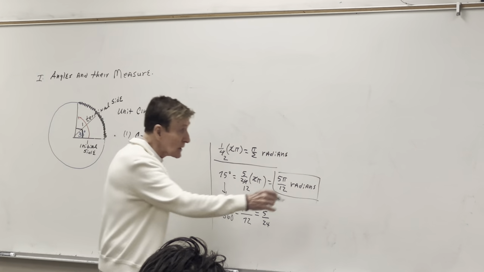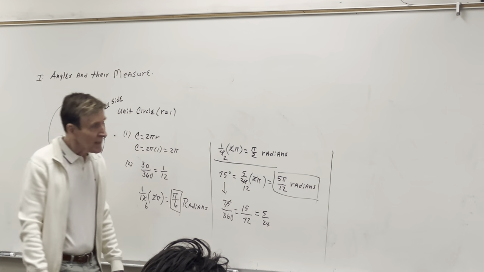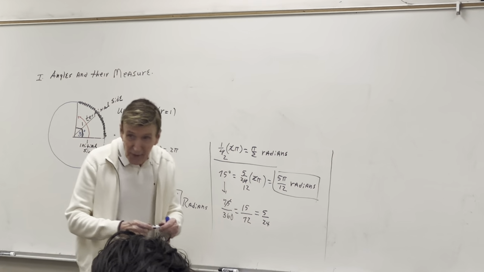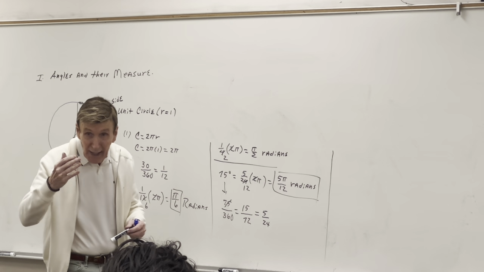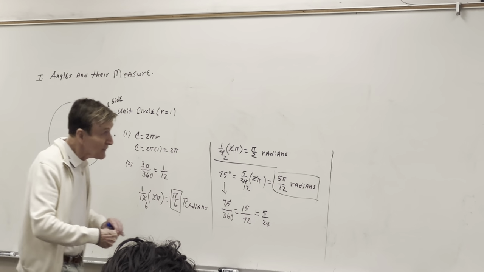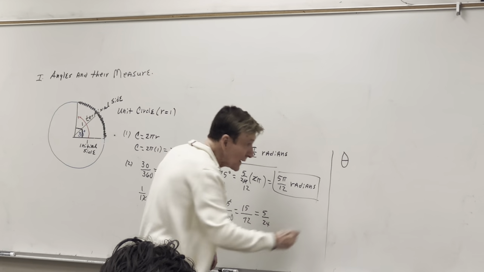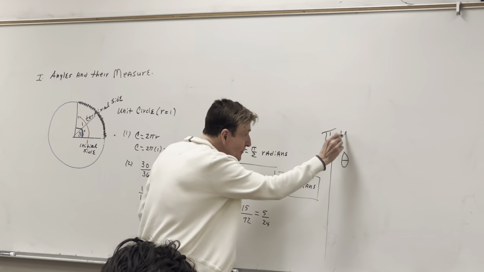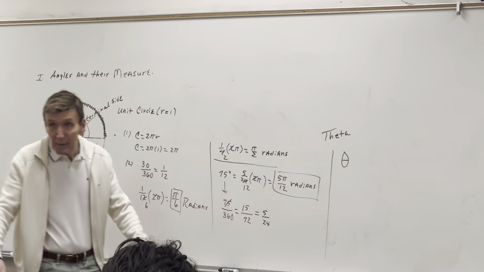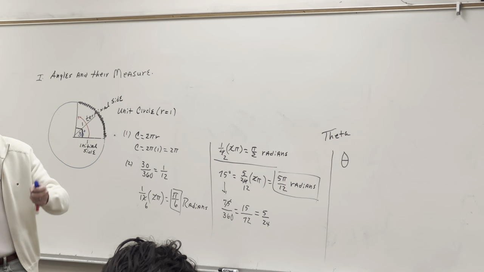Guys, we're ready to close down here. Here's the shortcut to do it. If the angle is given in degrees, and they love in math to represent the angle with letters from the Greek alphabet, they love this letter, theta. And they'll be using more from the Greek alphabet to represent angles later on. But theta, they love theta.